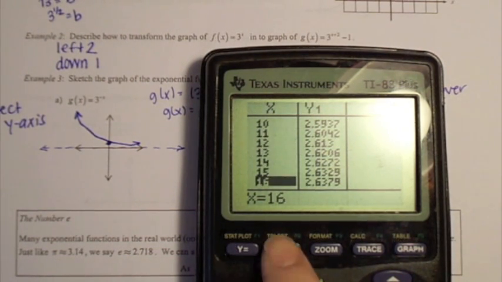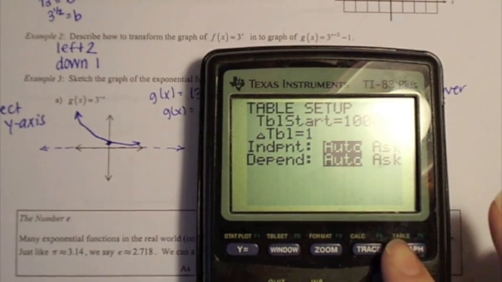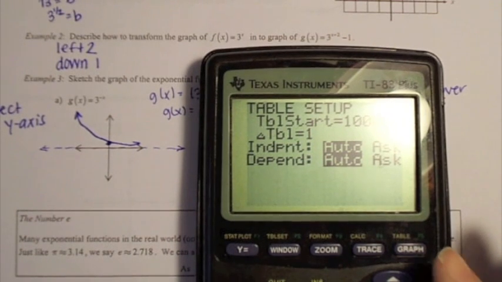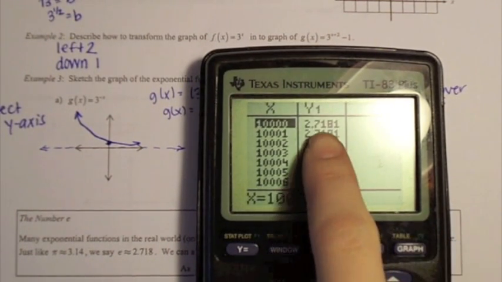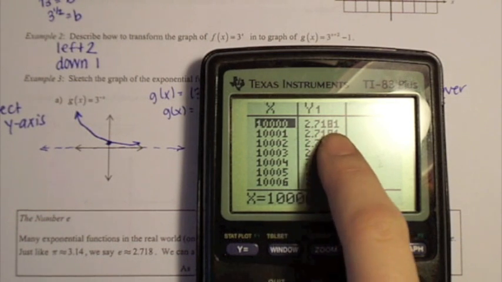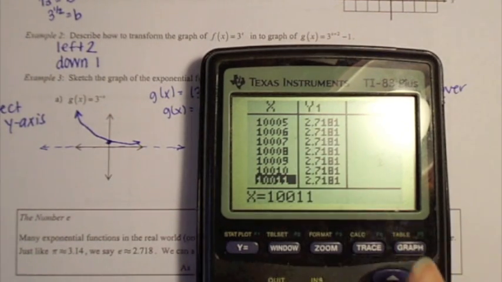And now let's look at a very large number of x, say 10,000. This will get us x approaching a much larger number. We can look at our table, and we can see that our y value is 2.718. So here we can see our function is approaching this value. Now this is rounded because of the table.